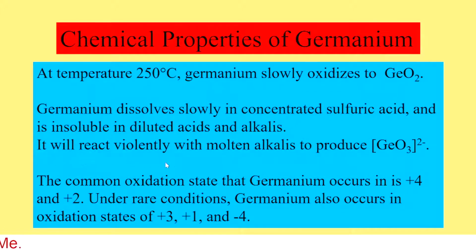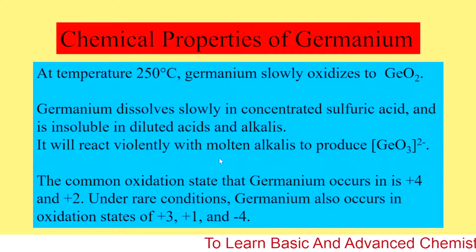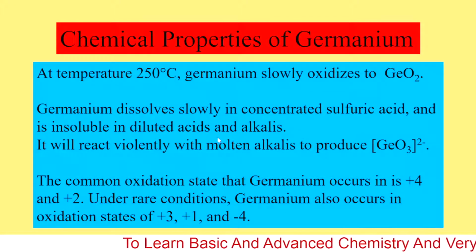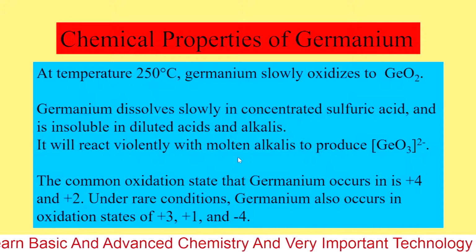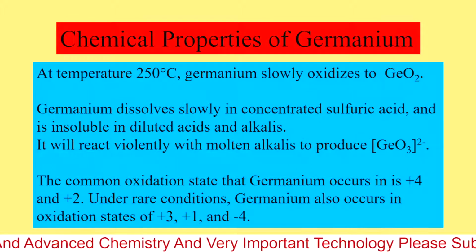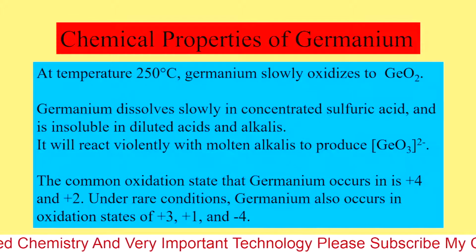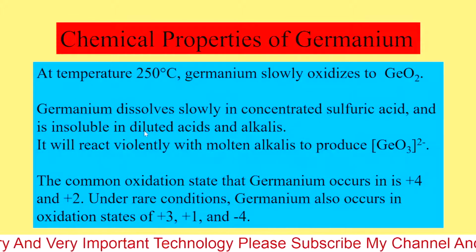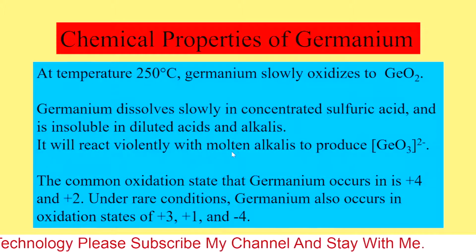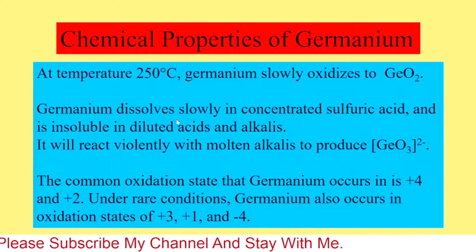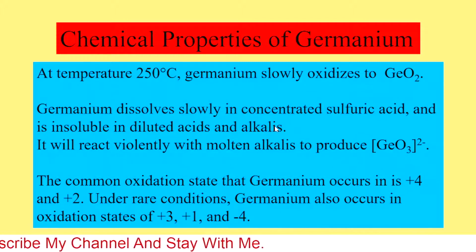It will react violently with molten alkalis to produce the germanium trioxide ion. Here I have mentioned dilute acids and alkalis, but molten alkalis and dilute alkalis are different.